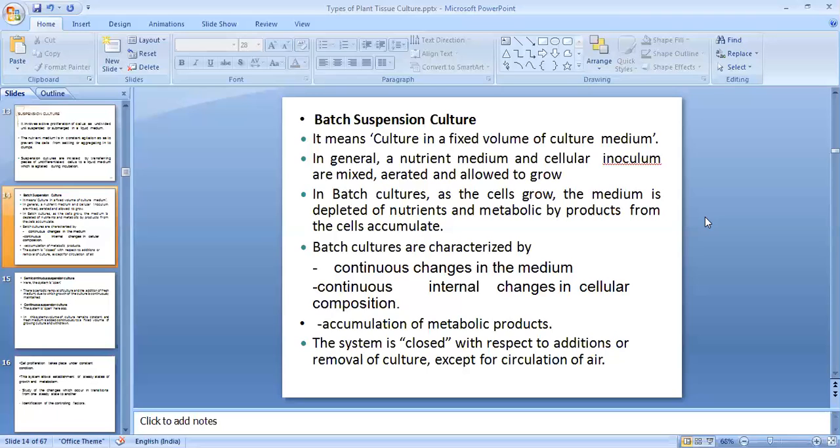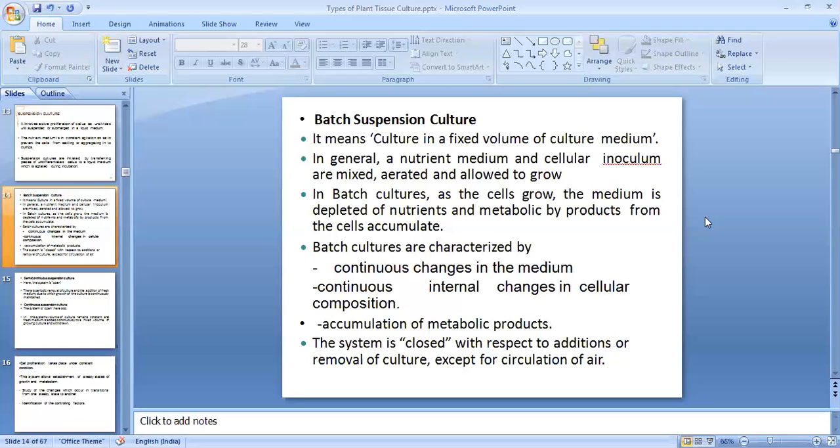Batch cultures are characterized by continuous changes in the medium, continuous internal changes in the cellular composition, and the accumulation of metabolic products. So these are the three ways by which you can characterize batch cultures.